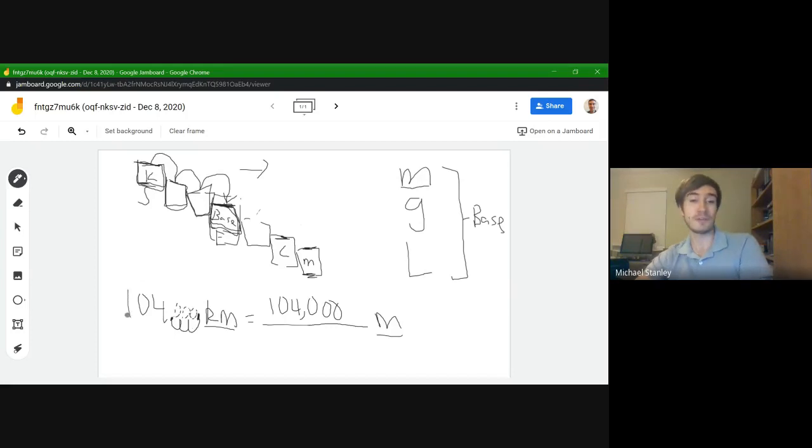So we started off with 104 kilometers. We moved that decimal place 1, 2, 3 jumps to the right. So we basically just filled in 3 zeros after 104, which gave us 104,000 meters. So 104 kilometers is 104,000 meters.